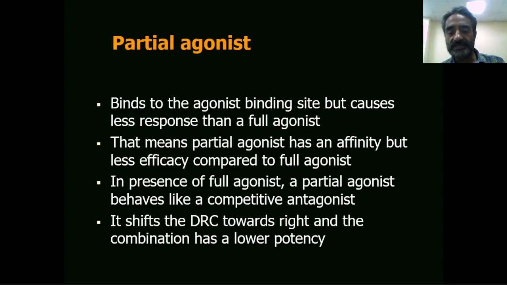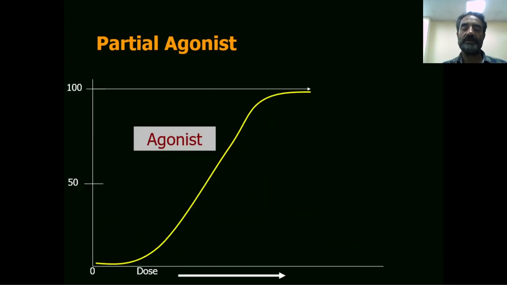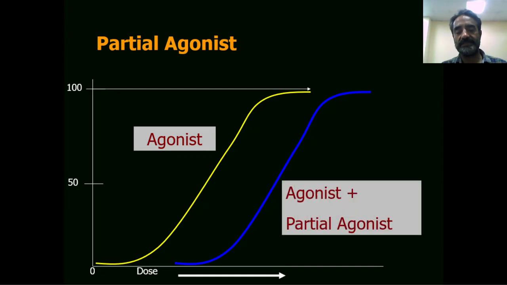So in the presence of full agonist, a partial agonist behaves like a competitive antagonist. So it shifts the DRC towards the right side and the combination has a lower potency just like a competitive antagonist. So it is like this. Agonist alone, the DRC is shown over here. With partial agonist, it shifts towards the right side.